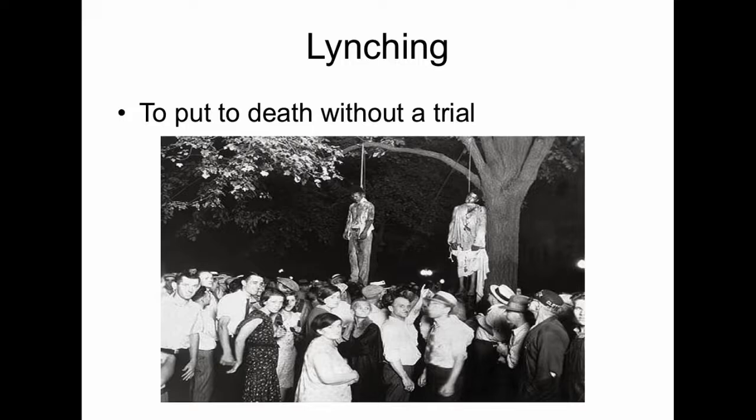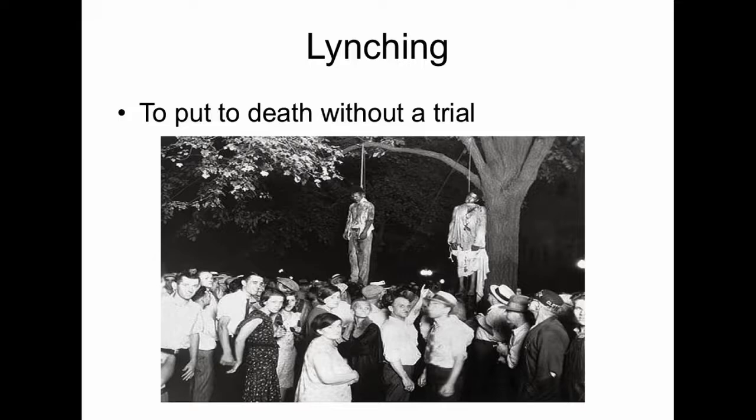Most of those cases of lynching were in southern states, but we also saw lynchings in northern states as well. And what makes these lynchings even more scary is that in almost no circumstance was a person arrested and tried for the lynching.